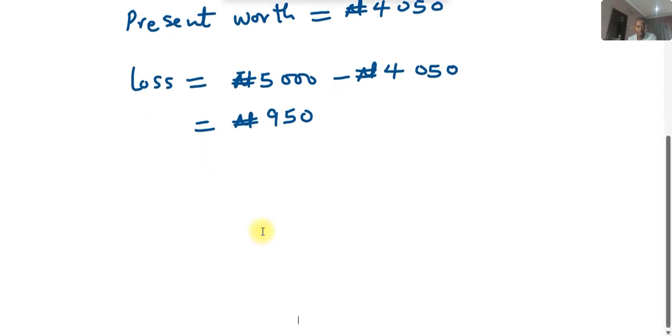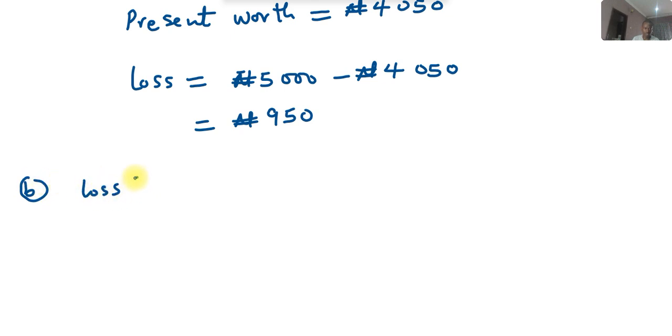So since we have gotten the loss, let's go to B. The B says we should find the loss percentage. So in this case, loss percentage will be loss over the cost price, which is represented by our original investment, that is 5,000 naira, times 100%.